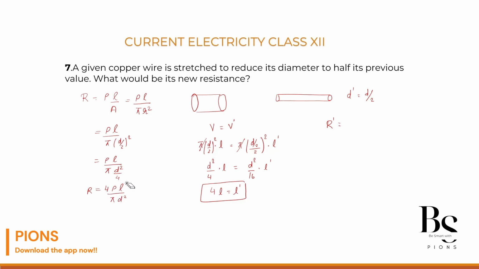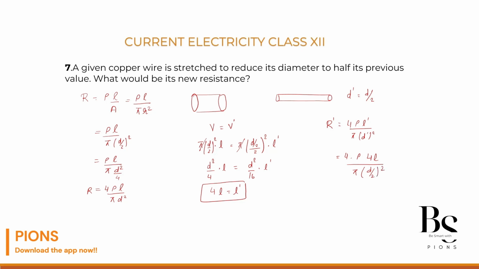So R dash will be equal to 4 times rho L dash upon pi D dash whole square. Directly we can plug it here. So this will give us 4 times rho L dash, where L dash is 4L, upon pi, and D dash is D by 2 whole square, correct? I hope this is clear.